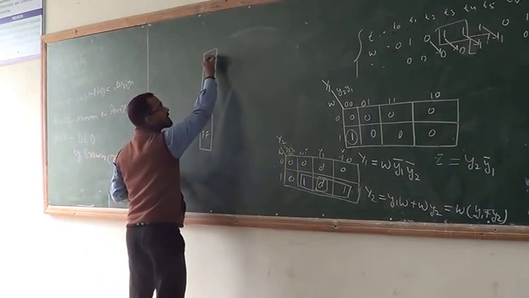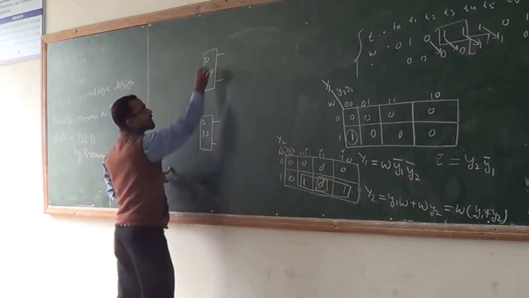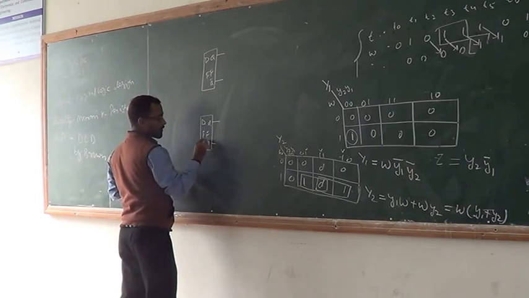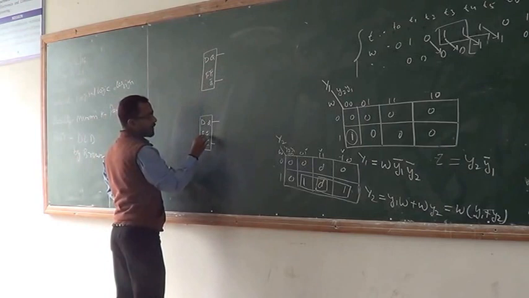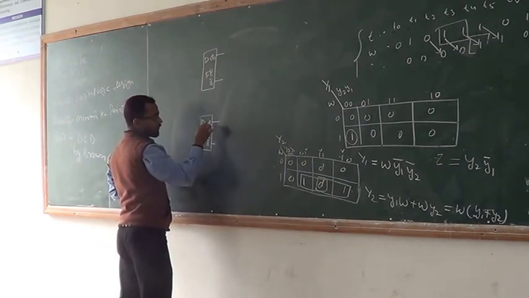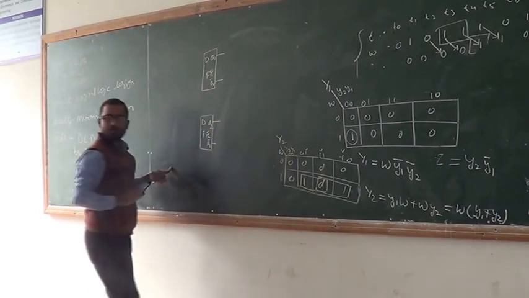This is its output, Q and Q bar. This is D1 flip-flop, flip-flop 1 and flip-flop 2. Therefore, here I write Q1, here Q2, Q1 bar, Q2 bar.